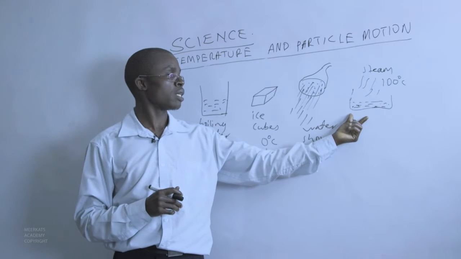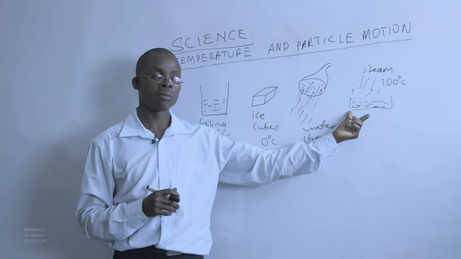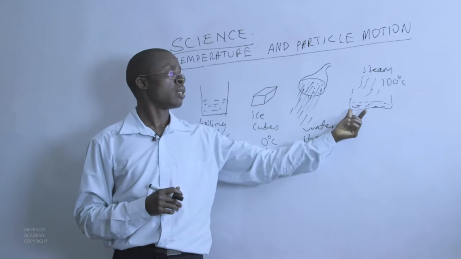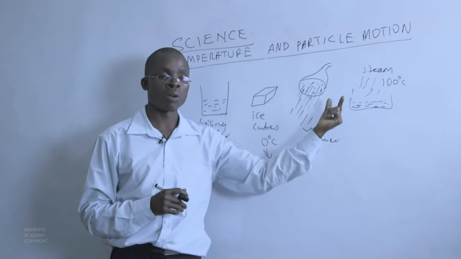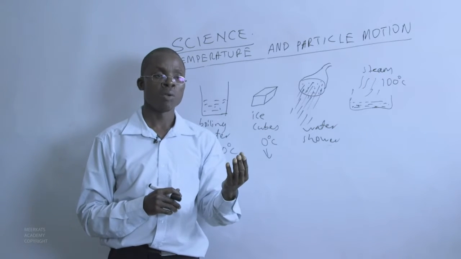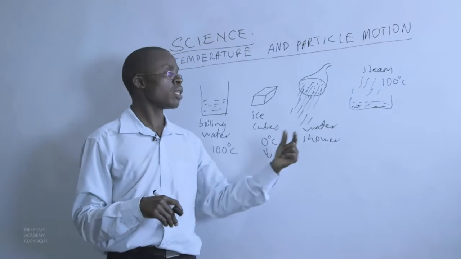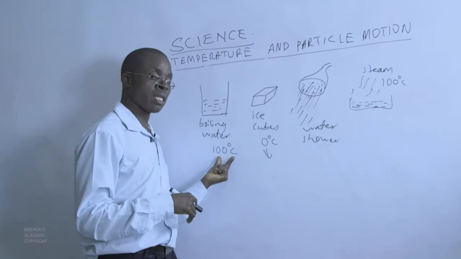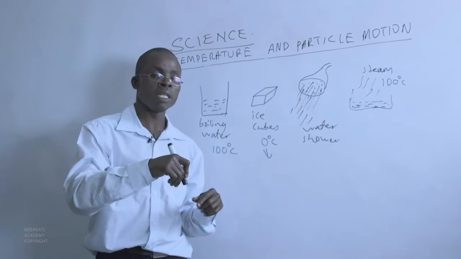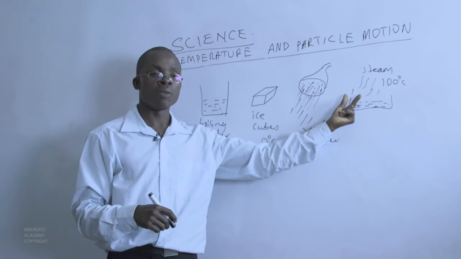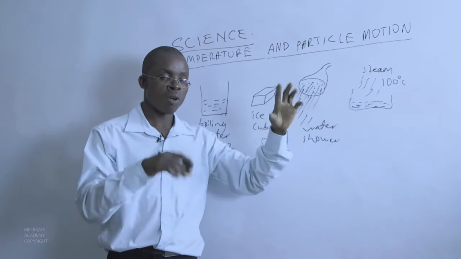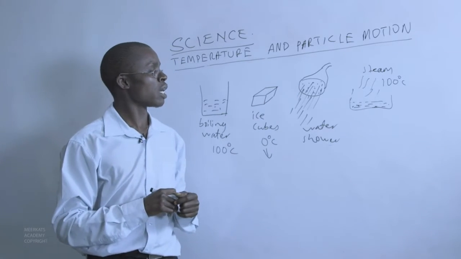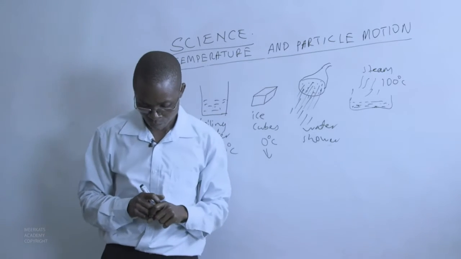And the answer is, to make steam particles, more heat energy was used. The one that took the water to 100 degrees centigrade, and more was added to break the forces holding the particles in liquid, to form particles in gas state, which is steam.